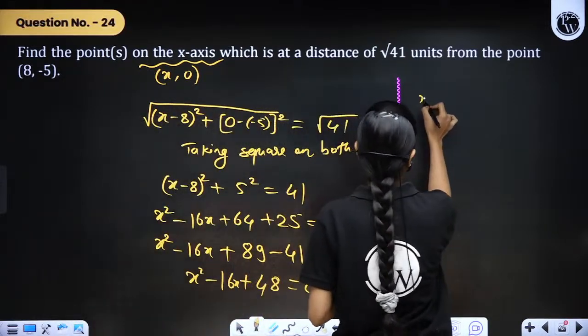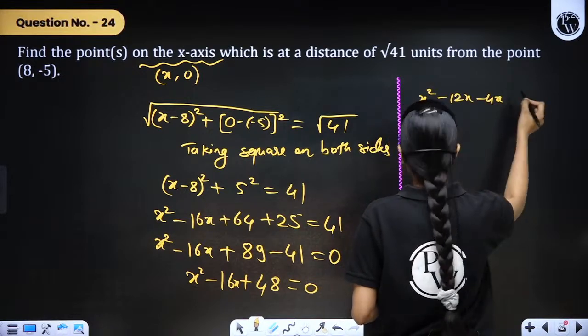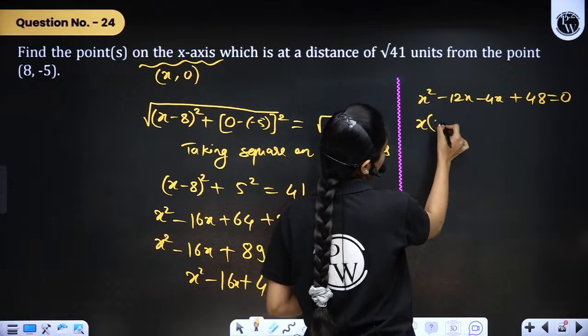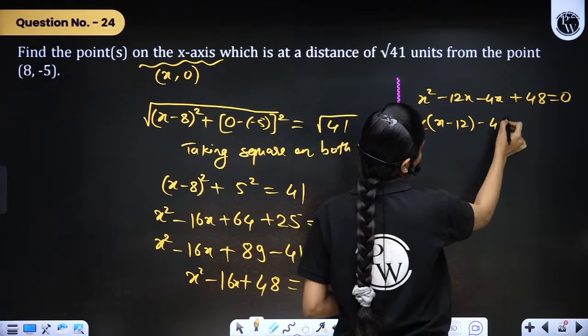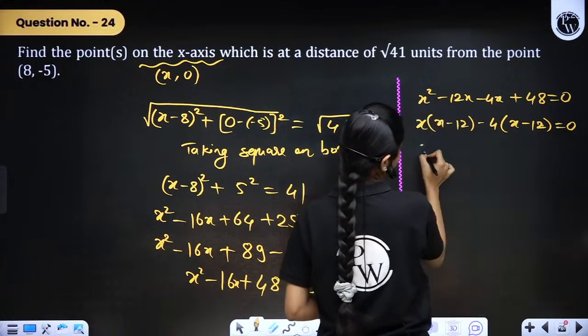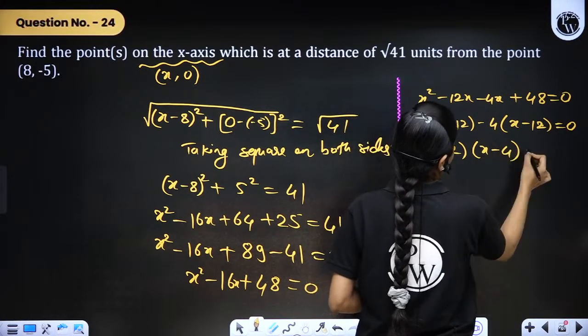So it's x square minus 12x minus 4x plus 48 is equal to 0. So x minus 12 and minus 4 times x minus 12 is equal to 0. So (x minus 12) and (x minus 4) equals 0.